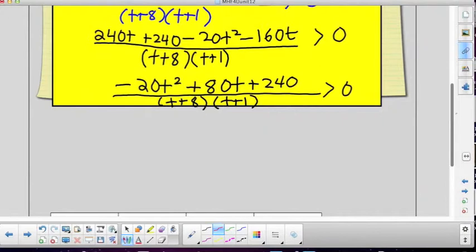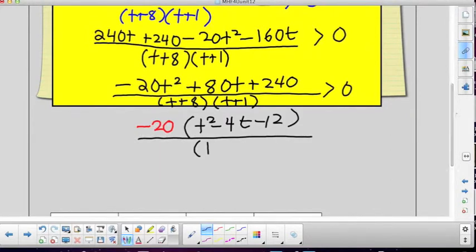But do not take the negative, don't make that negative 20 disappear. You have to leave the negative 20 on the outside, and when you do, you have t squared minus 4t minus 12 all over t plus 8, t plus 1 is greater than 0.